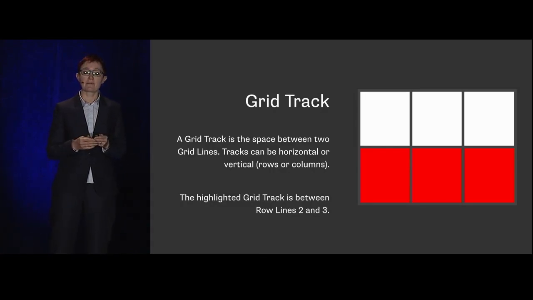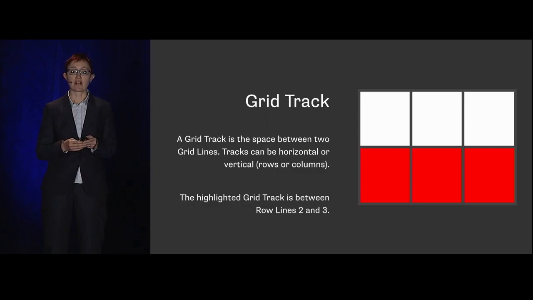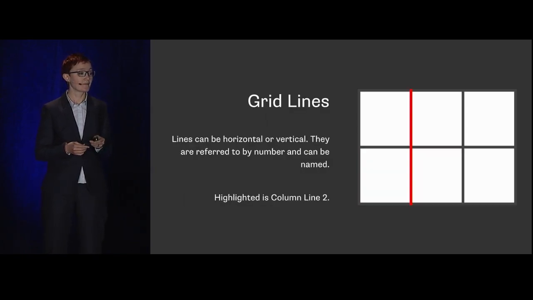So I mentioned grid tracks already. That's the space between 2 grid lines, so you can have horizontal or vertical tracks. And you define grid tracks when you set up your grid. And once you've got tracks, you've obviously got lines. You've got a line before and after each track. So if you've got a 3-track grid, you've actually got 4 lines when you account for the one on the end.